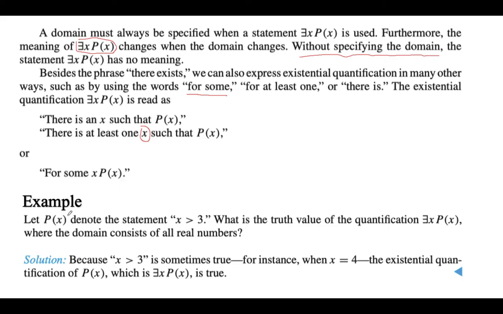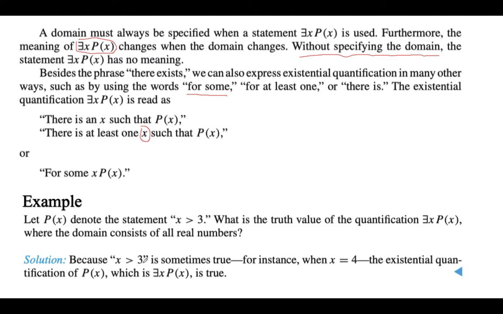Example: let P of x denote the statement x is greater than 3. What is the truth value of the quantification "there exists x, P of x", where the domain consists of all real numbers?